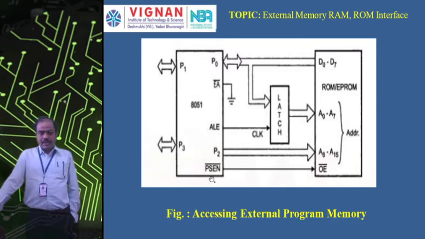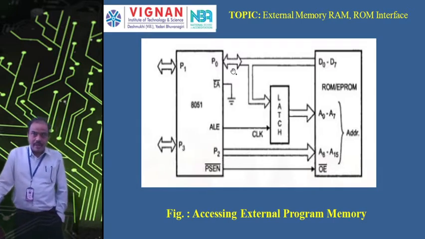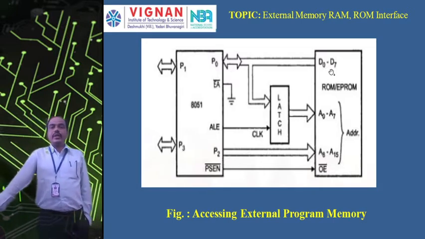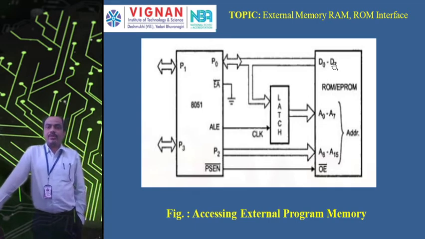In this case, the PSEN bar pin is connected to the OE bar pin of the external ROM or EEPROM, and port 0, which has AD0 to AD7, is connected to D0 to D7 of the external memory, and also through a latch to the address bus.